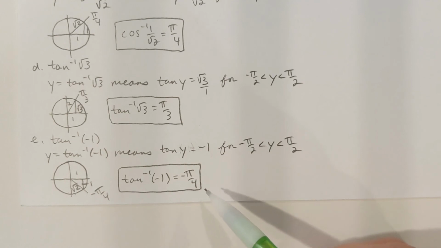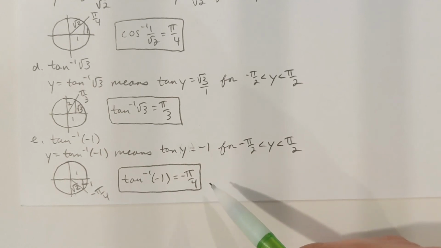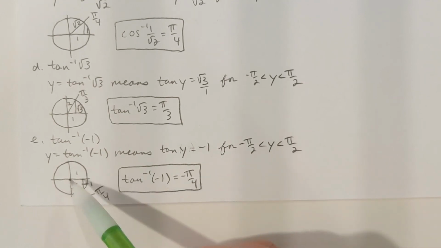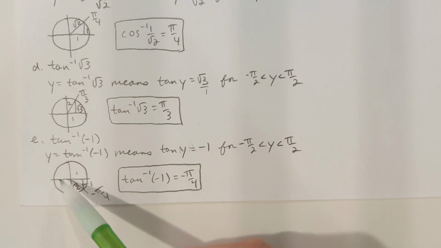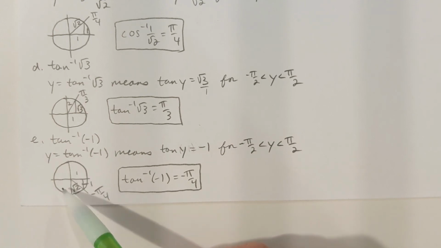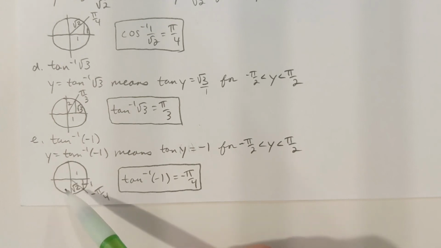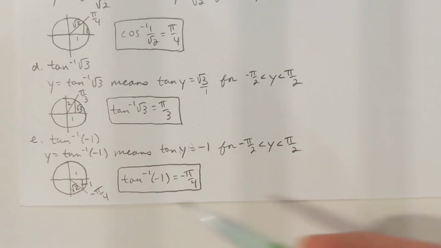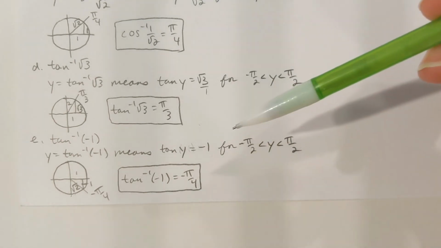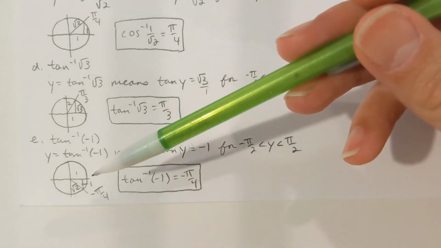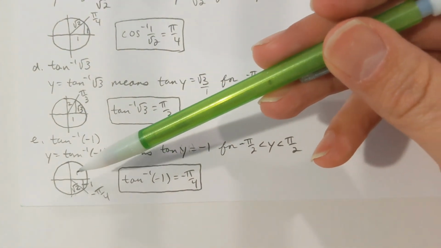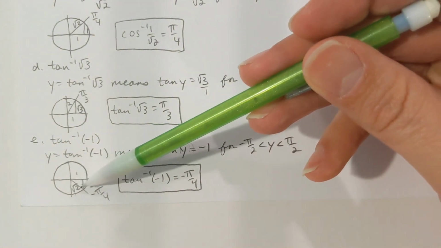But I don't want to think of negative 1 as 1 over negative 1 because the adjacent side would be a negative then, and that's going to mean that you'll be in quadrant 2 or quadrant 3, which we've already said we're not going to be in. The triangle is going to be in quadrant 1 or quadrant 4. So negative 1 is the same as negative 1 over 1. The opposite side is negative 1. The adjacent side is 1, and the hypotenuse then would be root 2.